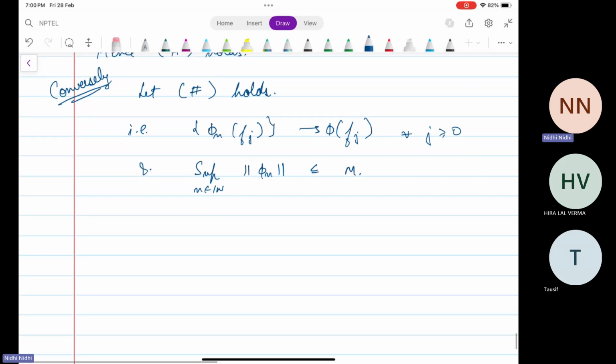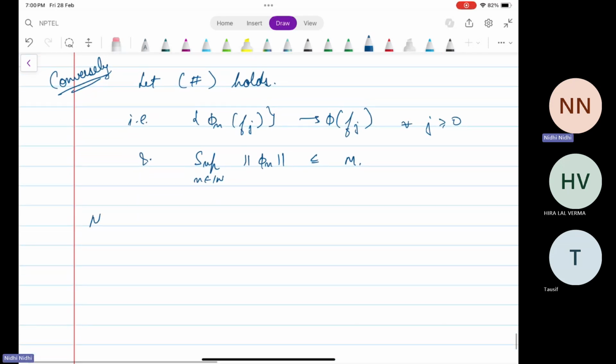Now let g be a polynomial. Then clearly I can write this g to be equal to summation j from 0 to n, where n is the degree of g, alpha j times fj.